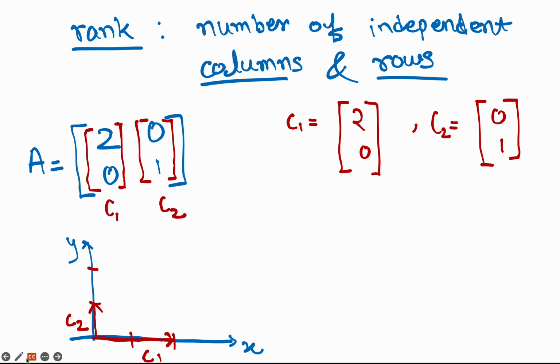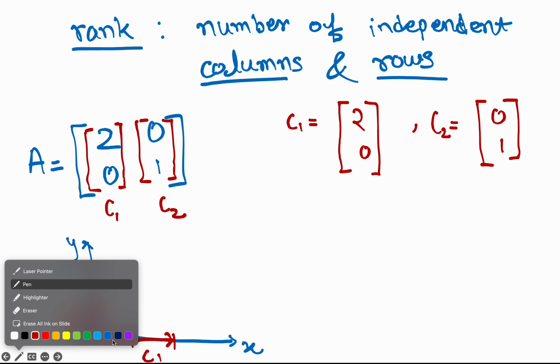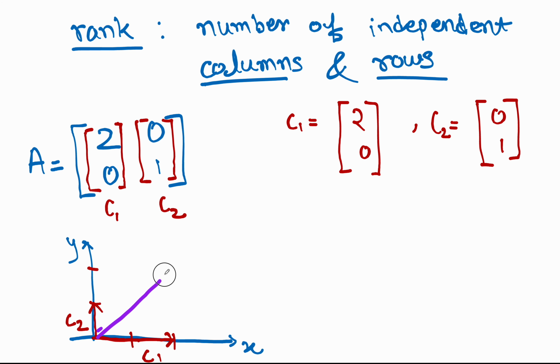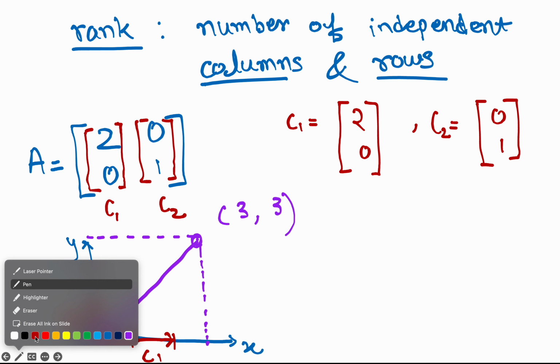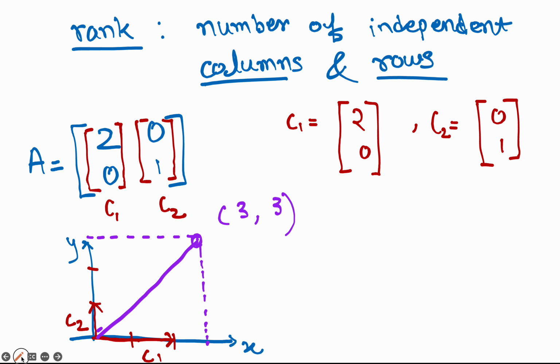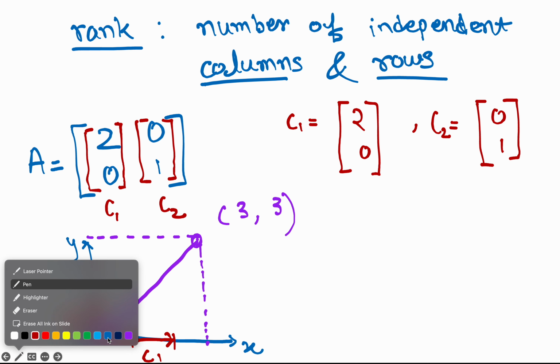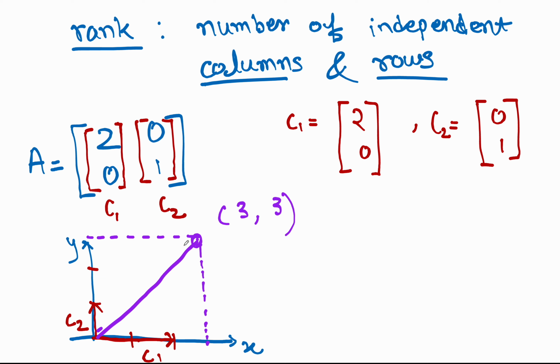And now let's say there is some other vector, and let's say it has the component x as 3, and y is also 3. So we can see that this is, let's say, the vector v.